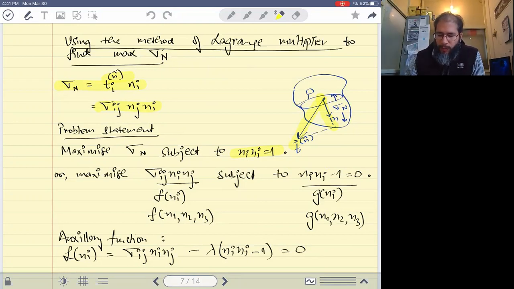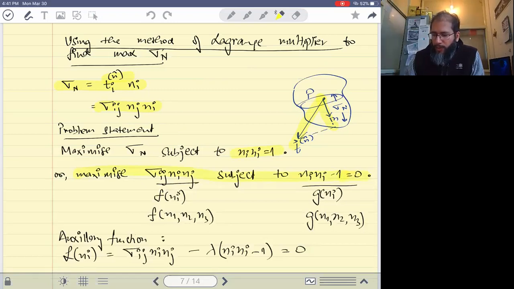So the problem statement is you have to maximize sigma_ij n_i n_j subject to the constraint n_i n_i minus 1 equal to 0. We always must write the equality constraint in the form of an expression equal to 0.